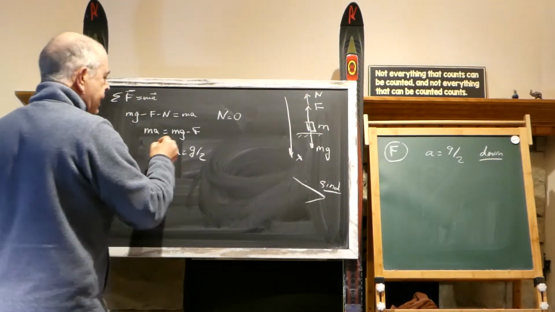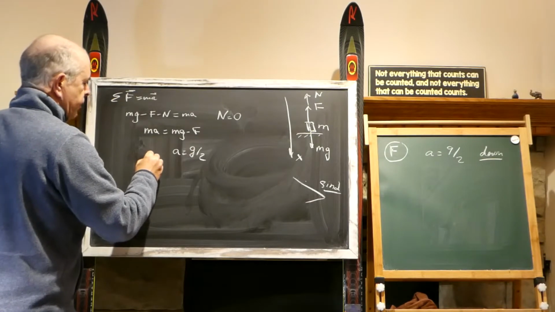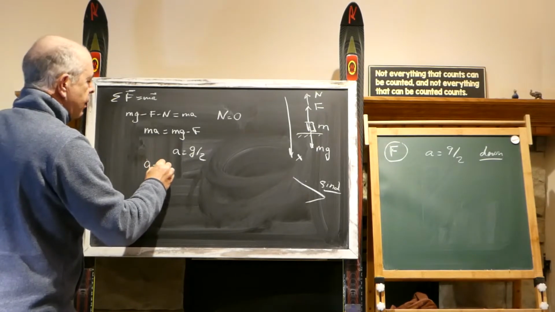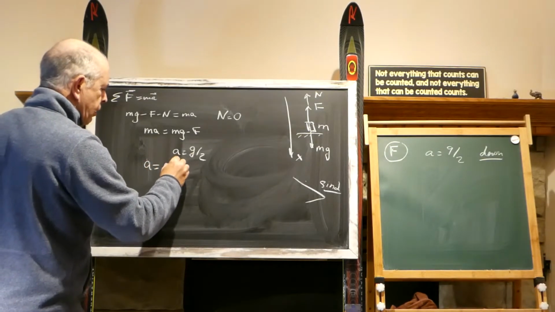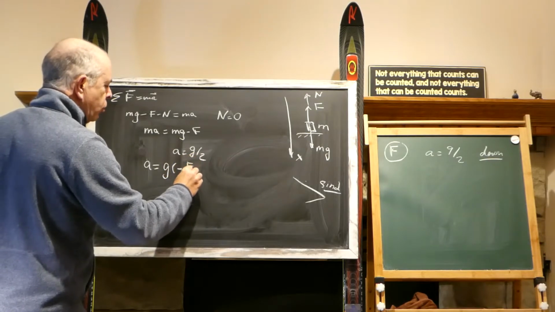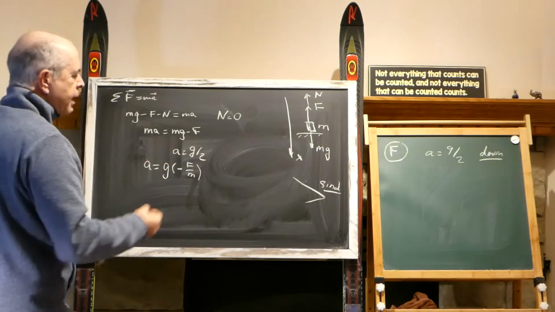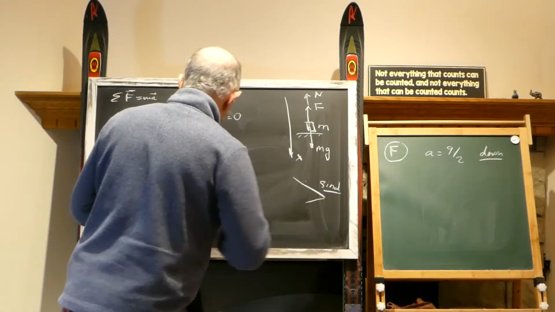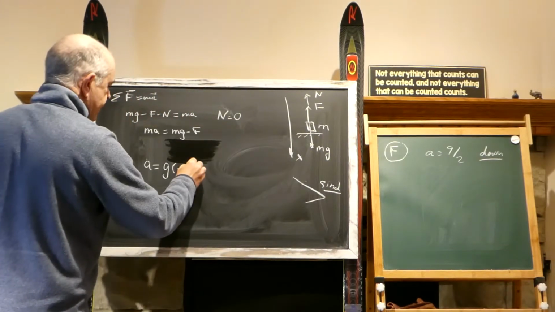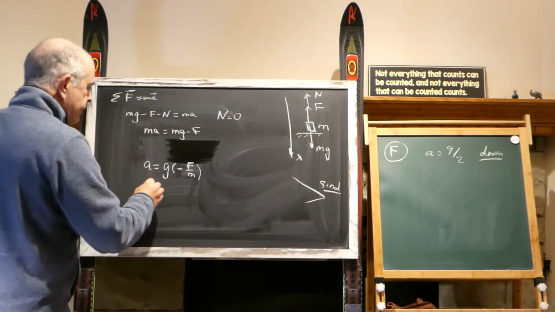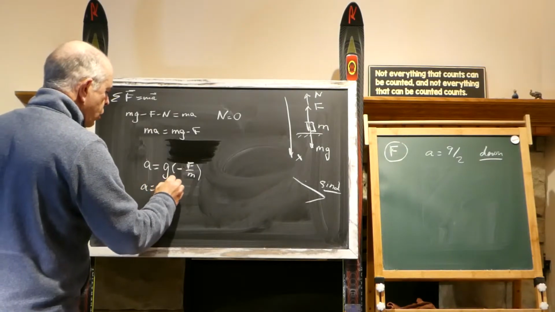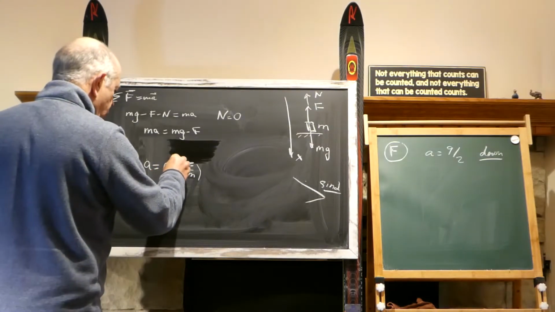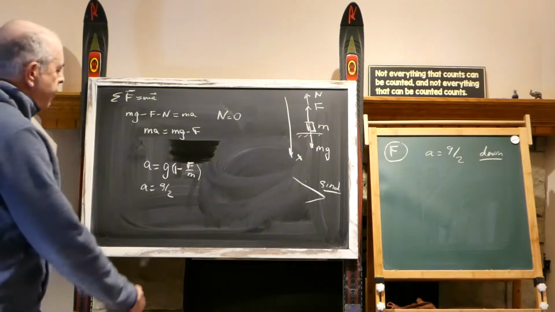And if I plug it here, let me do it a little bit differently. I say a equals g minus F divided by m. This is my acceleration. And I like this formula because I will be using it in the next case scenario. And then I say, let's assume that a equals g over 2, and this would be g times 1 minus F over mg.